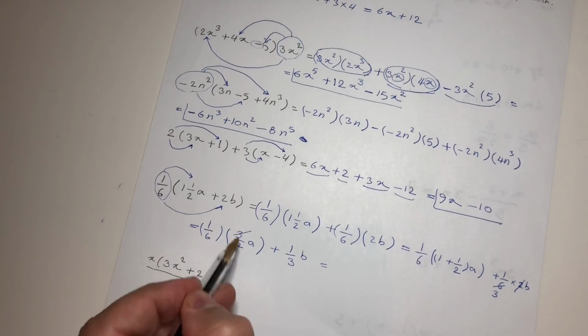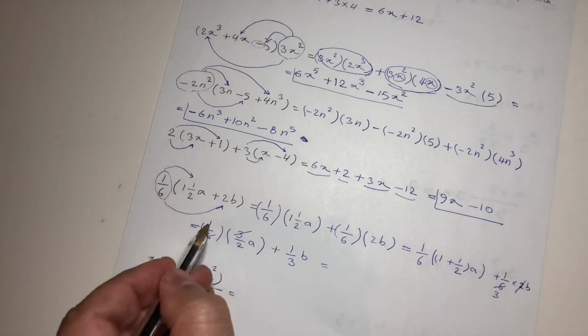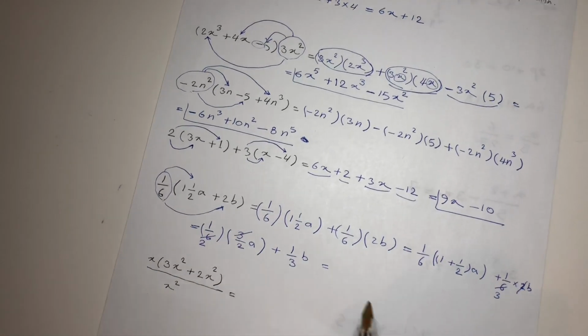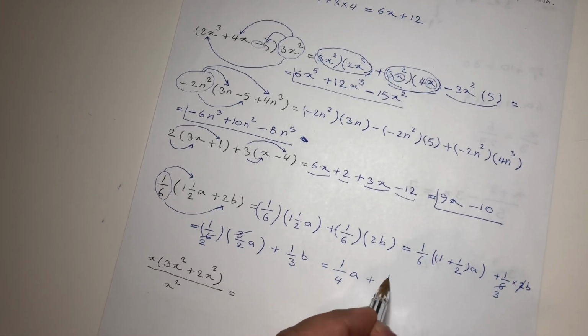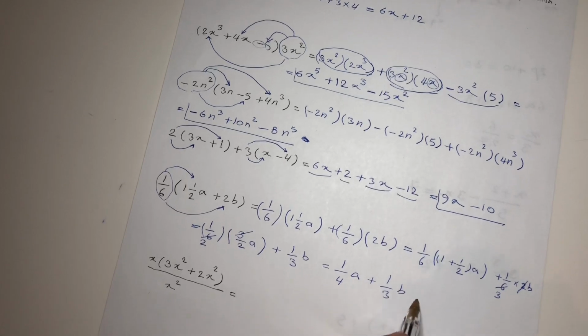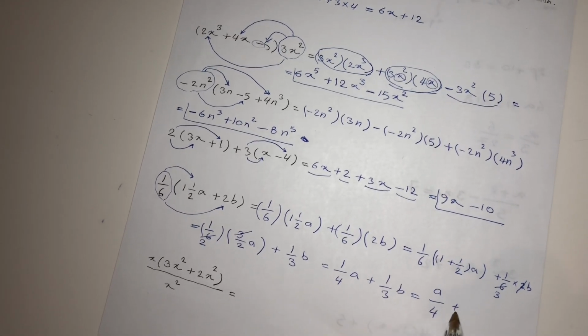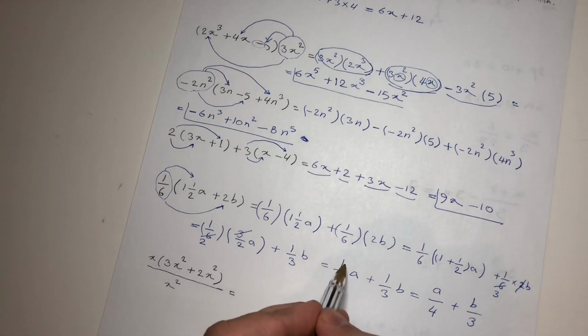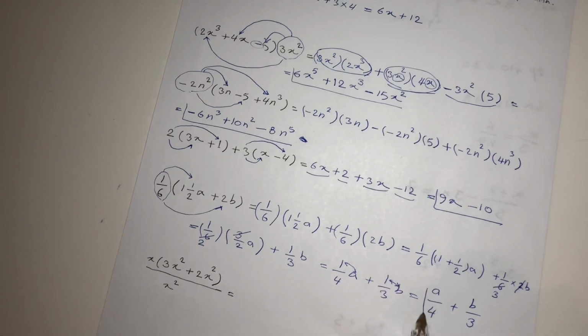Again, here we can simplify this 3 with this 6. So the result is 1 over 2 multiplied by 1 over 2 is 1 over 4a plus 1 over 3b, right? Or we can write it like a over 4 plus b over 3, because here we can multiply this and then write it like this.